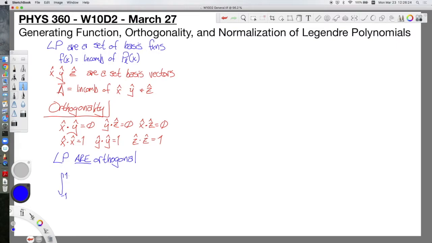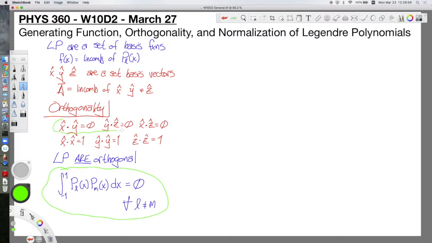The way in which the Legendre polynomials are orthogonal is that if you take the integral from -1 to 1, the range over which the Legendre polynomials converge, of one Legendre polynomial, P_L of x, with another Legendre polynomial, P_M of x, over x, you will get 0 for all L that are not equal to M. This feature right here that I've circled in green is similar to our dot products of our unit vectors being 0 when you take any two different unit vectors.